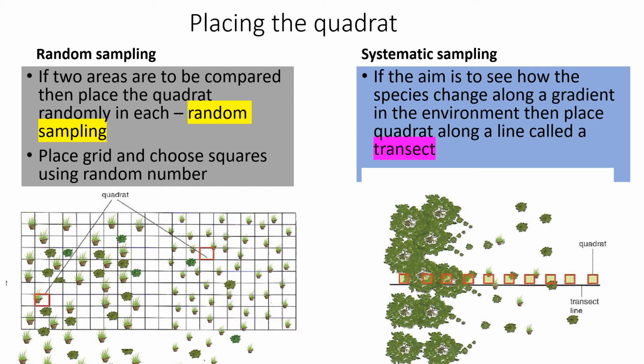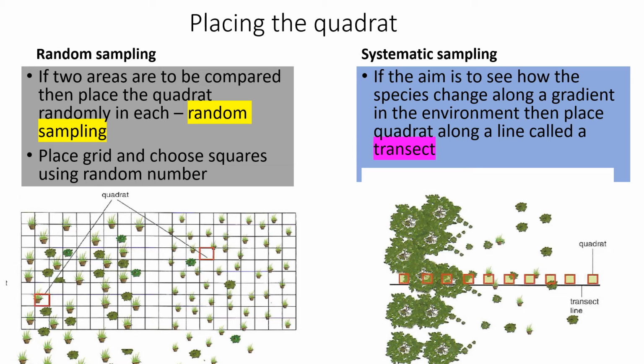So this is your whole sampling area, and here in fact you've got 20 along here and 10 along this one. And so this would be 2, 3, and this one is 1, 2, 3, 4, 5, 6, 7, 8, 9, 10, 11, 12, 13, 14.